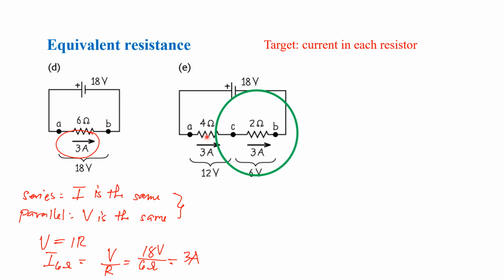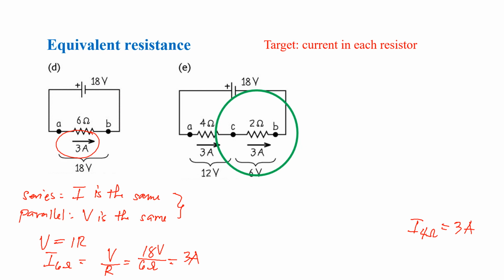So that means for your 4 ohm resistor and your 2 ohm resistor, the current before, which is 3 amperes, is the same current flowing in both. Thus, you are now able to find I for 4 ohms, and that's equal to 3 amperes. So again, for your 4 ohms, you have a current of 3 amperes.